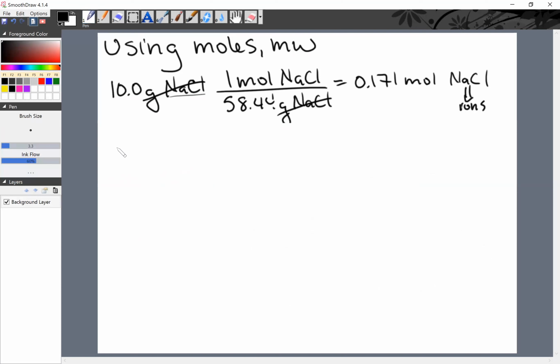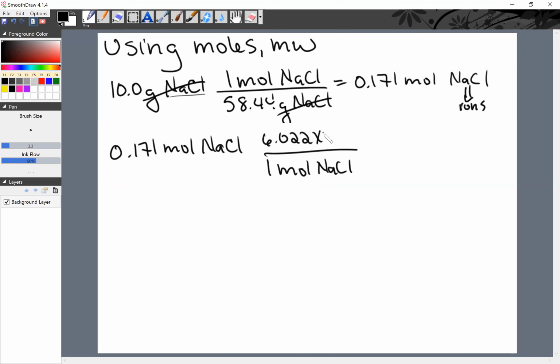All right, so my 0.171 moles. I know that in every 1 mole of sodium chloride, there is 6.022 times 10 to the 23rd. Okay, now, and it's just a terminology thing. This would be formula units. Okay?